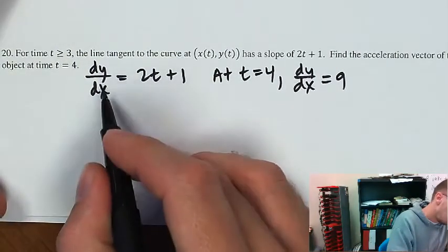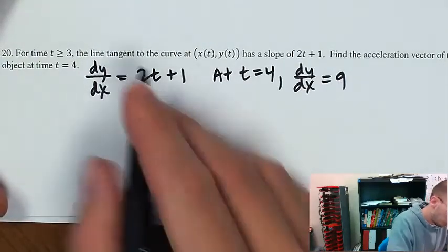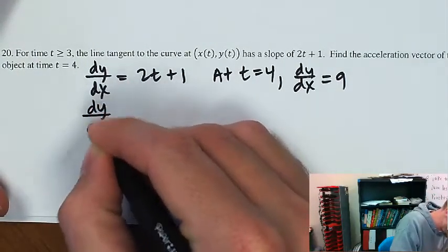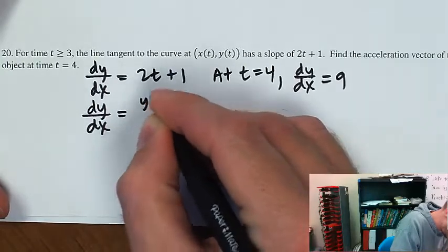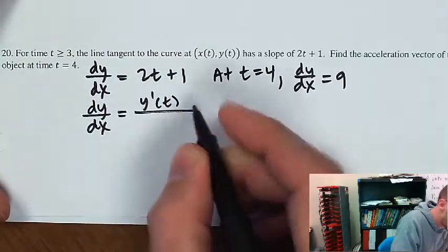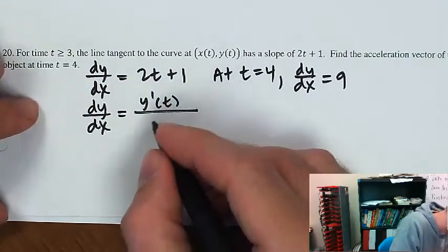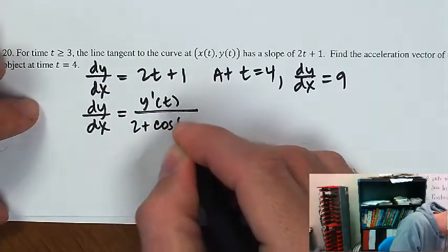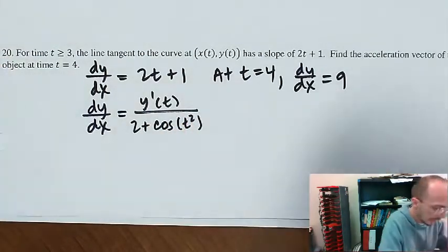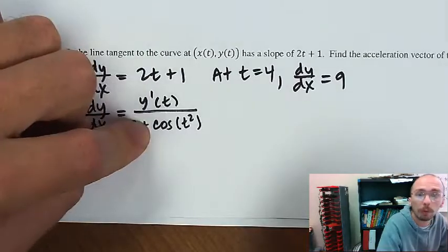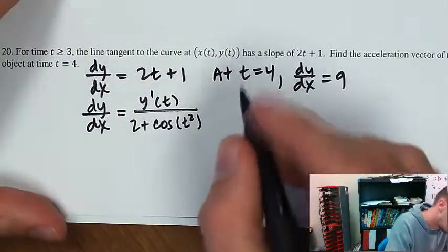Okay, but we know also another expression for dy/dx. dy/dx is equal to y prime of t divided by x prime of t, where x prime of t is 2 plus cosine of t squared. We're going to set these two things equal to each other and see what happens.